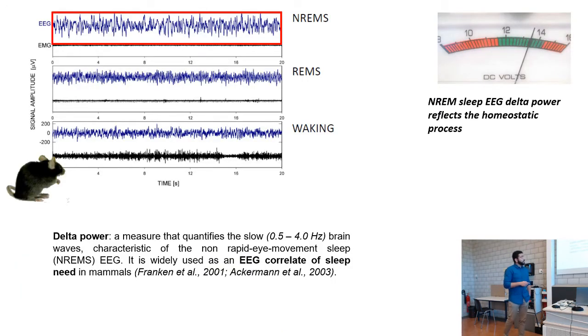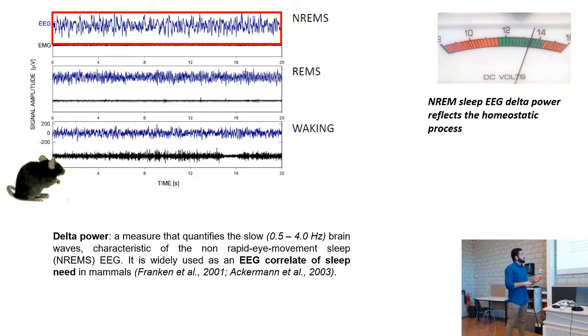Now, particularly when it comes to non-REM sleep, we have a way to assess, or let's say correlate, the good quality of sleep. And this electrophysiological correlate is called EEG delta power. Now, what is this delta power? Through some mathematical equations that are not really necessary for this presentation, it's possible to assess exactly what the prevalence of these large, high amplitude, slow waves is.